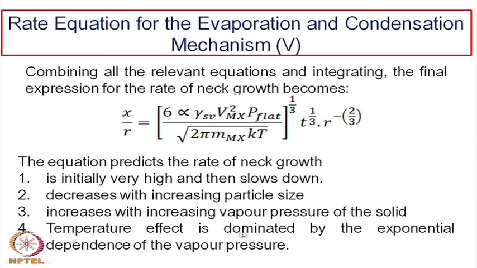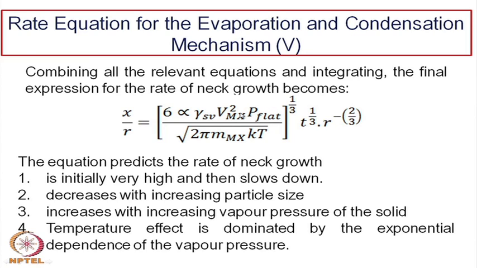So, it increases with increasing vapor pressure of the solid, that is quite obvious. The vapor pressure means this one is increasing as it increases, almost directly, it is not directly proportional, the 1/3 exponent is there. So, it is proportional to this, but actually not linearly proportional, and the temperature effect is dominated by the exponential dependence of the vapor pressure, not by this denominator term, it is dominated by this term.